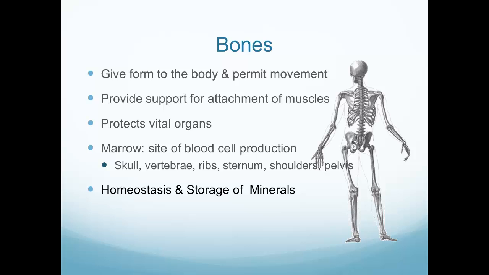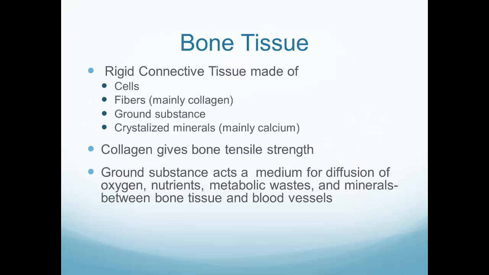The marrow is the site where we have our blood cell production, a really important part of our skeletal system, and you can see some of the major areas where that occurs. Bone tissue is a rigid connective tissue comprised of a number of different things, like the bone cells themselves and the fibers. We're going to talk about those bone cells and the different kinds.